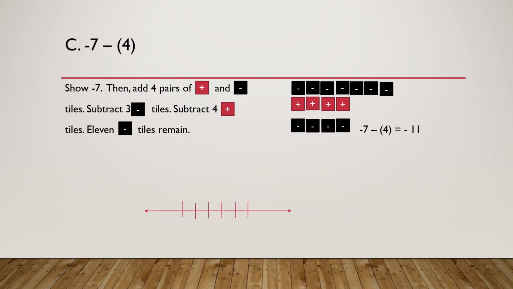Tanggalin natin siya. So take away this. Why? Because negative 7 minus 4. So it becomes negative 11. So 1, 2, 3, 4, 5, 6, 7, 8, 9, 10, 11. Okay? So negative 11.